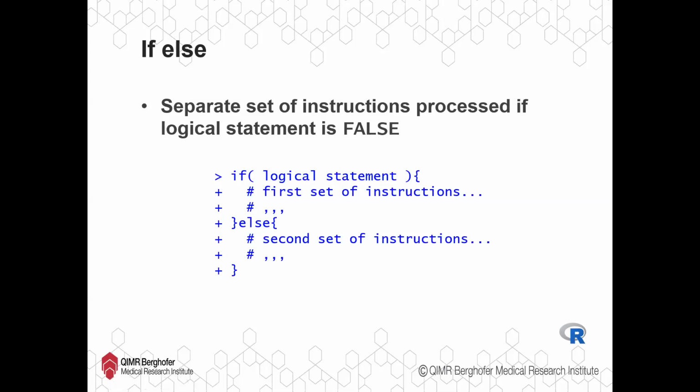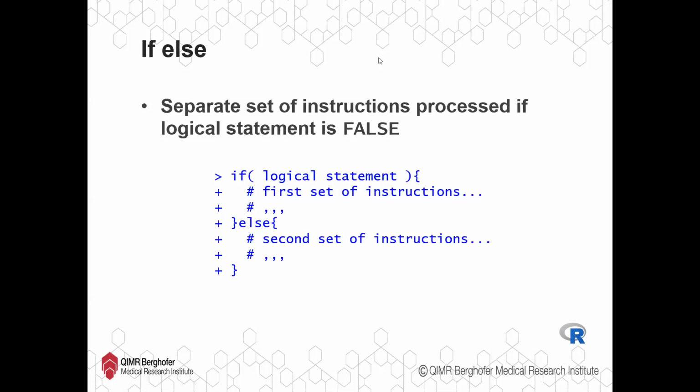Only one of those sets can be evaluated, because they can't both be evaluated, as that would require a statement to be true and false, which is impossible. A Boolean logical statement can only be true or false. So we could say, if this condition is met, run this set of instructions. Otherwise, these are the instructions to run. So it's like a backup set of instructions in a way.